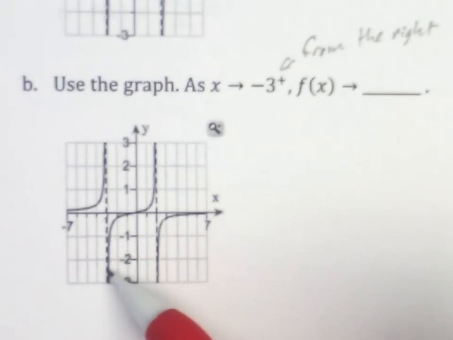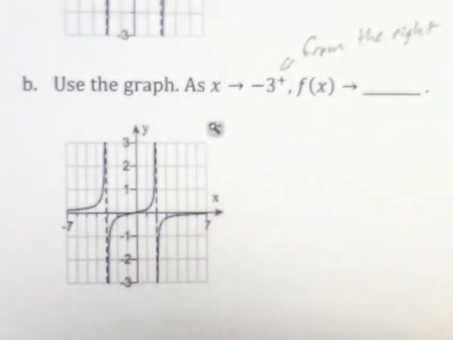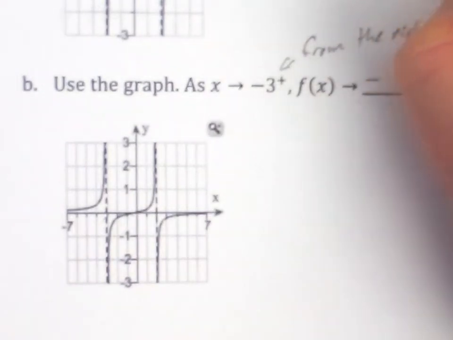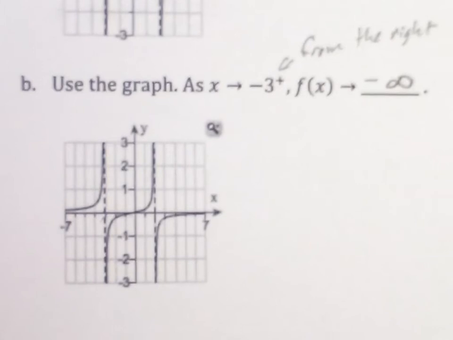As we get closer and closer to x being -3, where is our function taking us? Well, in this case, the closer and closer we get to -3, the further and further away it gets. It actually is going all the way to negative infinity. And so that's two examples of where things can kind of get mixed up.